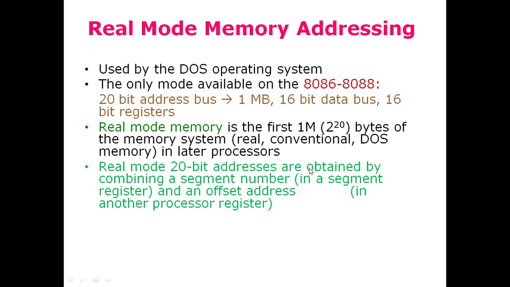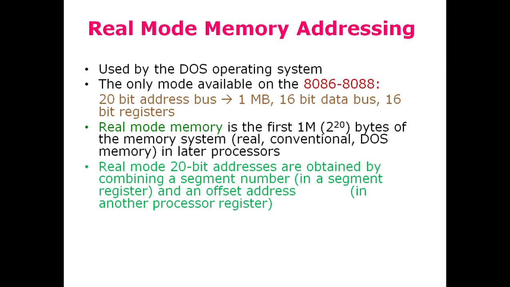In the real mode, the first 1 megabyte of the memory system in the later microprocessors is used, and this 1 megabyte of memory is also called real, conventional, or DOS memory. The later part of the memory in the later microprocessors is accessed when the microprocessor is operating in the protected mode.